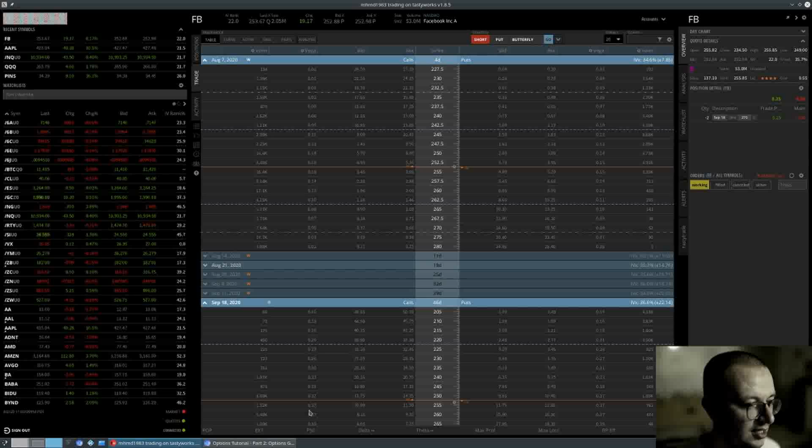The reason it's higher for September 18 is because options that expire in a longer term usually have higher implied volatility. As you can see, it is 36.6% compared to 34.6% for August 7.